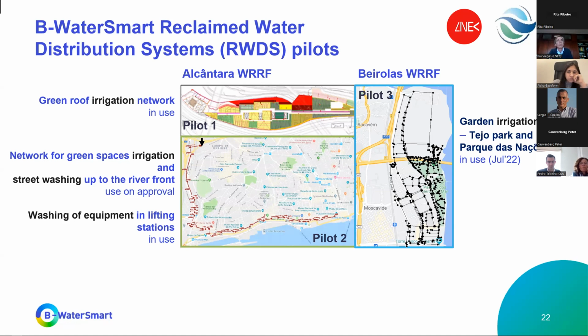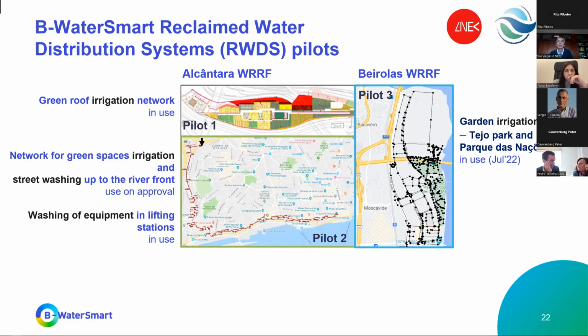We have also a second pilot network from this wastewater treatment plant, which is intended for green spaces irrigation and for street washing, a pilot network that goes to the riverfront of Lisbon, which is under approval, and is also being used now for washing of equipment of the wastewater utility in lifting stations.